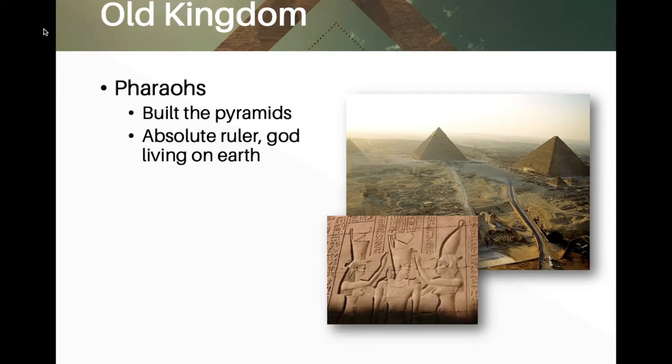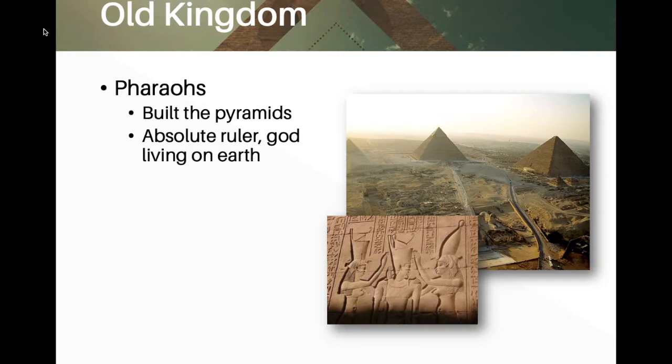So we see here at the start of this lecture the beginning of ancient Egypt and the first kingdom, the Old Kingdom, that Menes began the first dynasty in Egypt. There are other periods that we're going to get more into next lecture: the Old Kingdom, which we're looking at here, the Middle Kingdom, and then the New Kingdom.